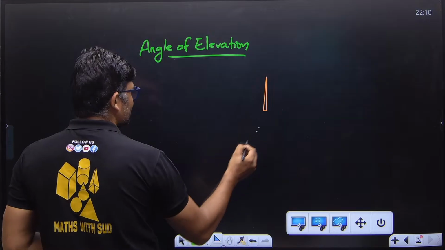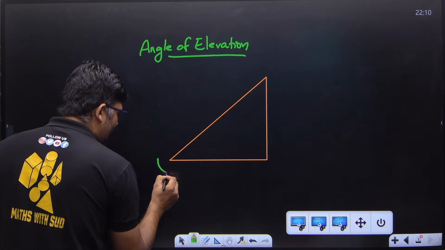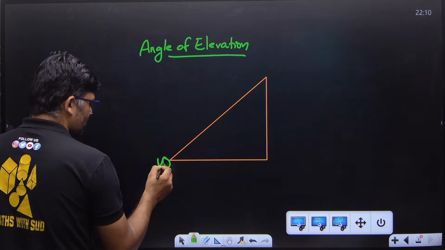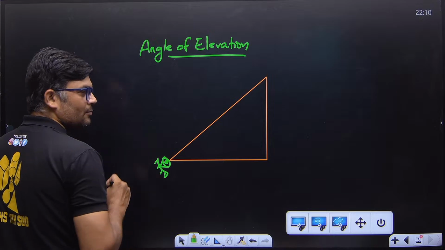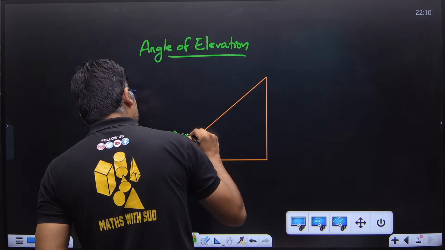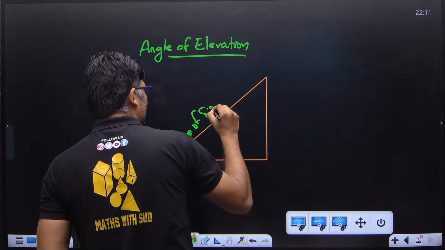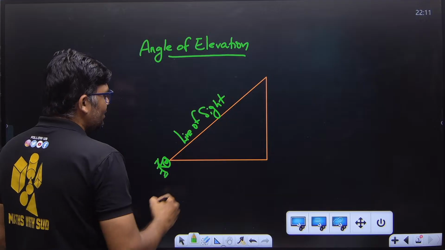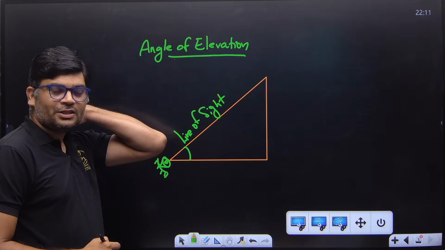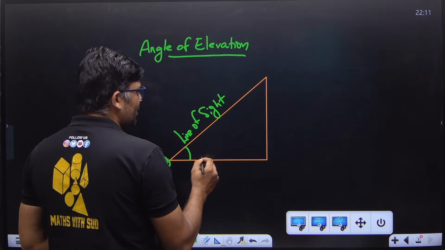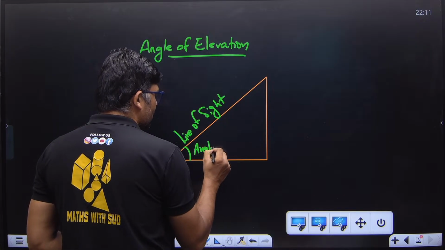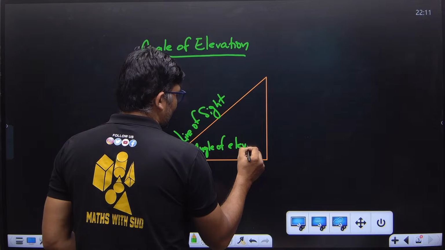If I make a triangle like this, and if I say that your eyes are here, and you are looking from this particular point, this imaginary line is known as line of sight. And this particular angle, which we make with the horizontal, okay, this angle is made using the horizontal. We say that this angle is known as angle of elevation.